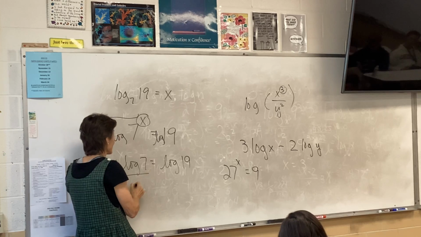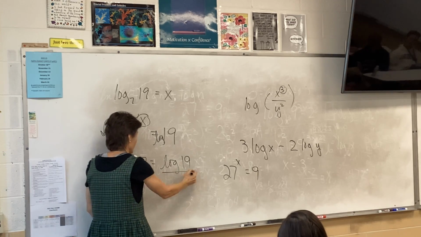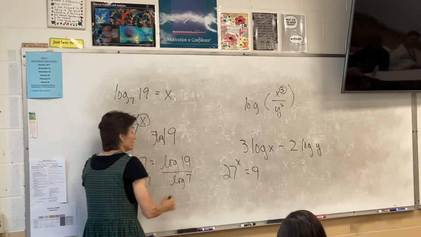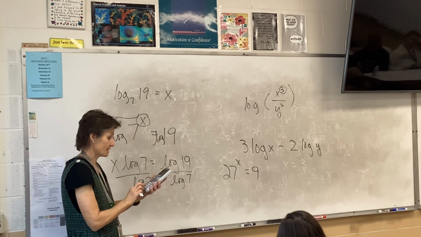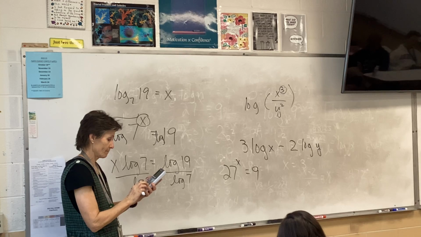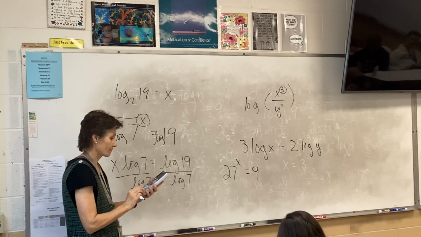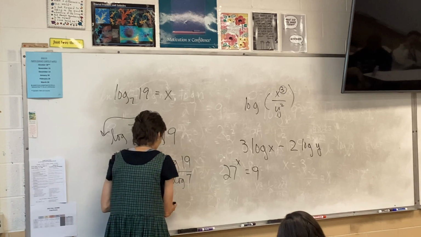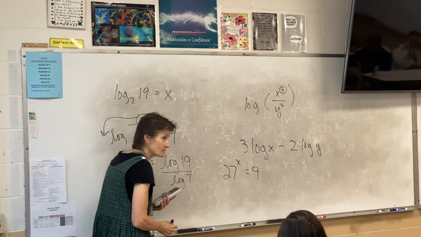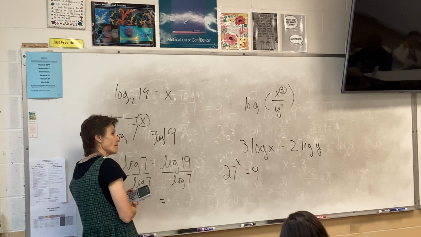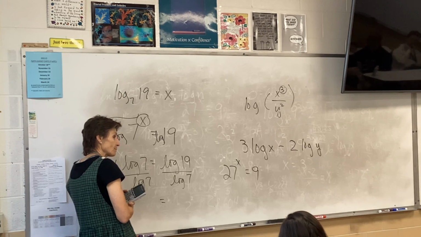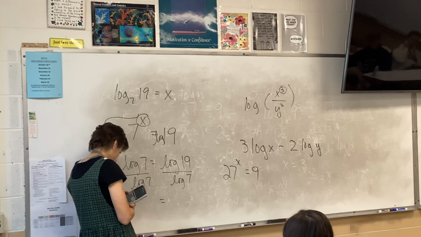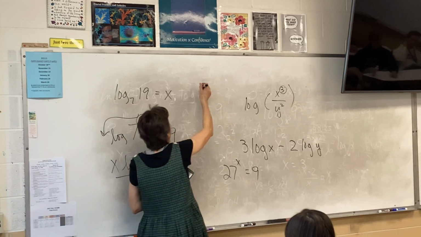And now I can type it into my calculator as log 19 over log 7. And the directions say 1,000. How many decimal places is 1,000? 4? 3?